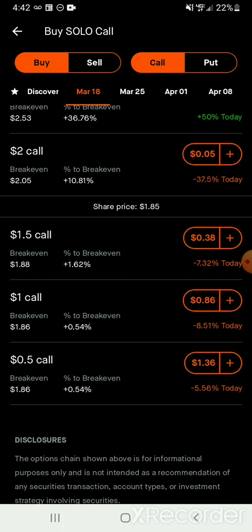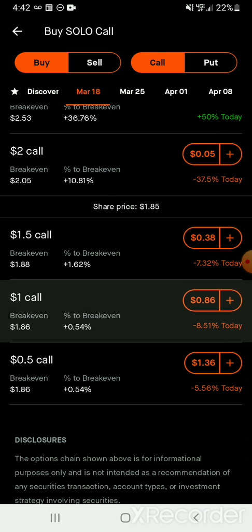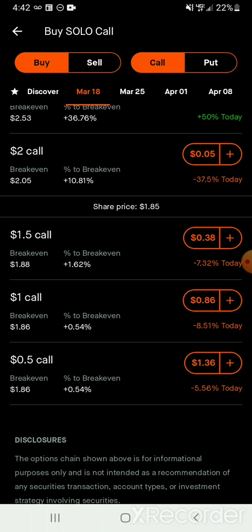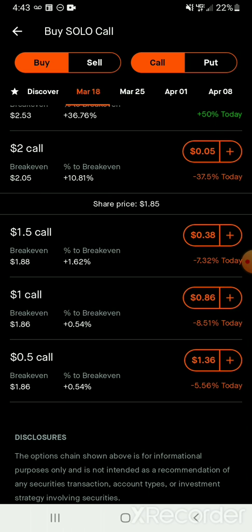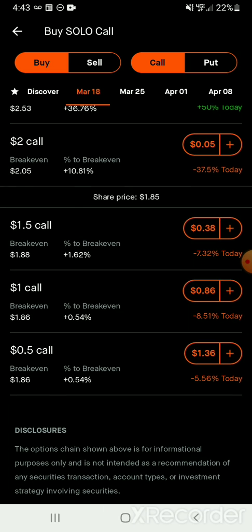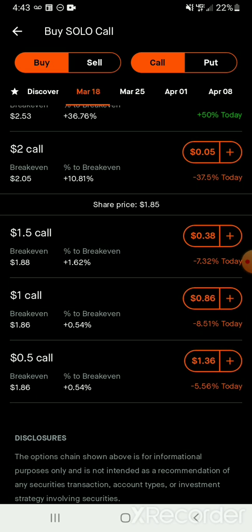So that ties into the inherent value I was talking about. Let's say I buy this right now, this call option, the $1 contract. And let's say I immediately exercise it. I buy 100 shares at $1 per share. Well, the current share price is $185. That means I can instantly sell those 100 shares for 85 cents per share profit, which means I would be turning $100 into $185.